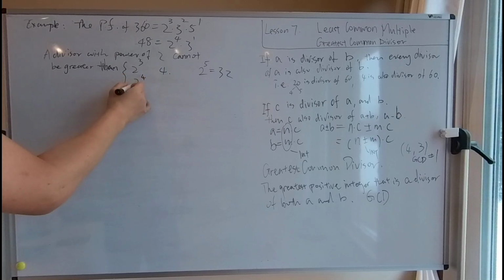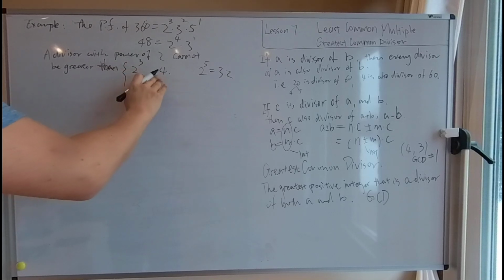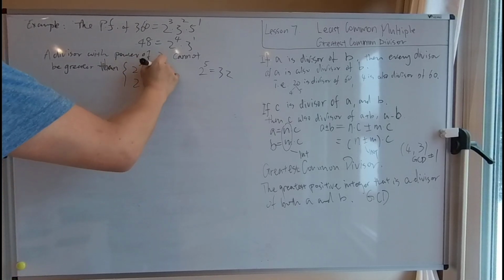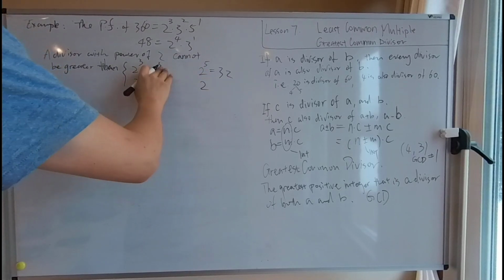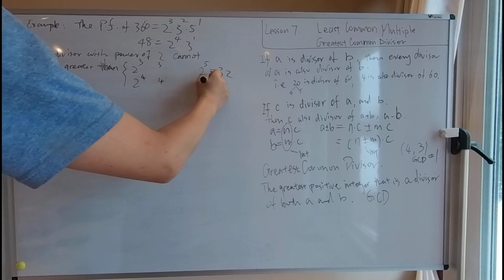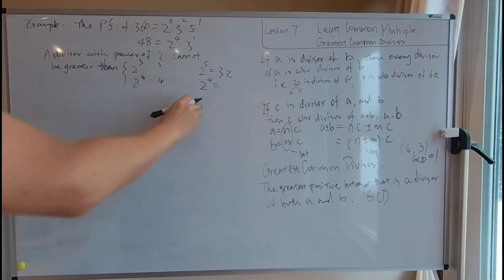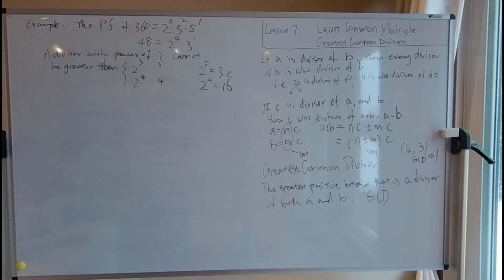So if you're exceeding the greater of these two numbers, so not even the number of 4, right? So the number of 3 is also the upper limit. If you have 2 to the 4th power, you have 16. 16 is a divisor of 48 because you have 2 to the 4th power.